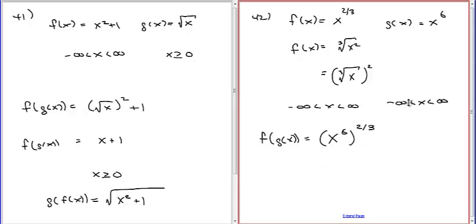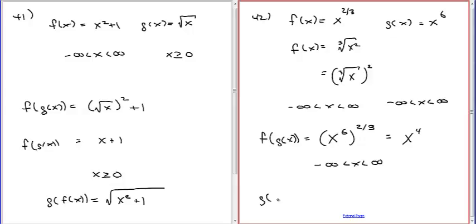You can see that this was all real numbers, because this is always going to be positive with an even exponent. And if this is positive, then we can evaluate it at any value. So this is all real numbers. And if we simplify it down, you'd multiply the exponents together, and you'd have 6 times 2/3, which is 4. So that would be the function we would use, simplified.